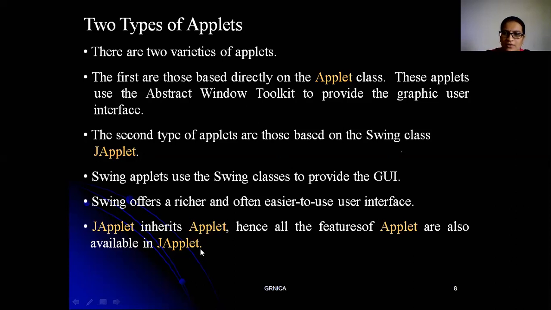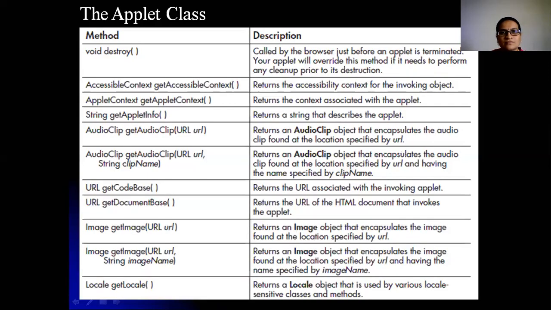So this is a superclass, and this is a subclass. JApplet is only used for swing, while applet can create its own GUI or a swing GUI also. But applet is completely ignored; we have only the concept of swings.